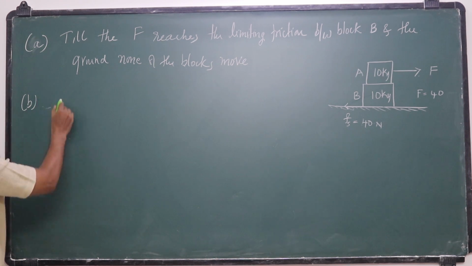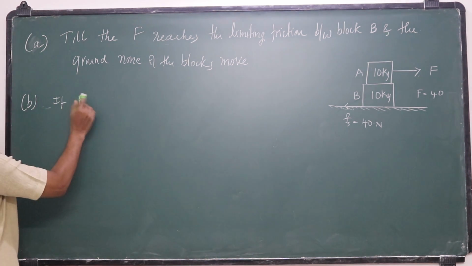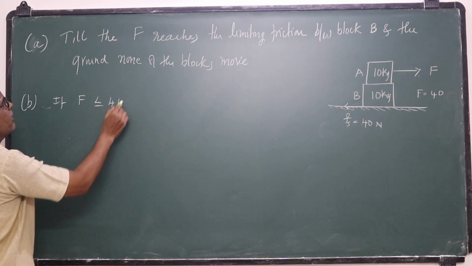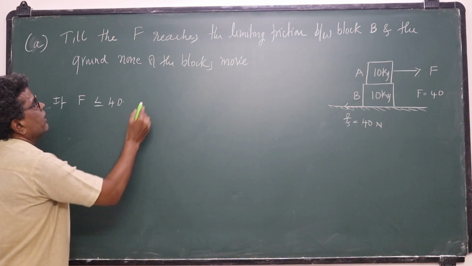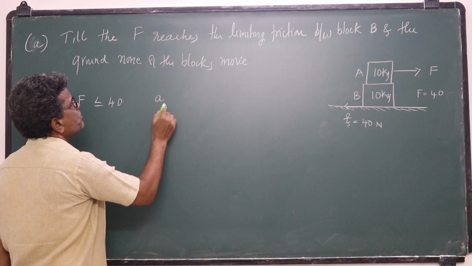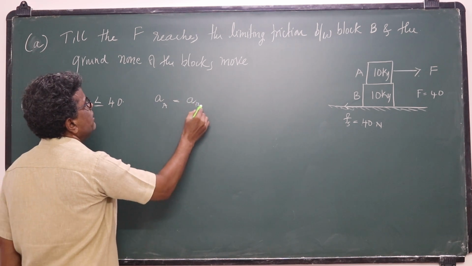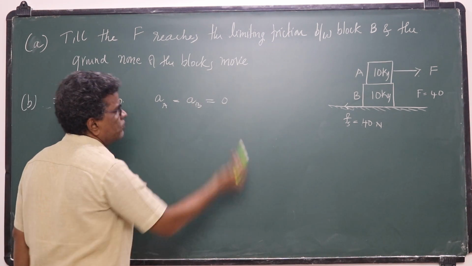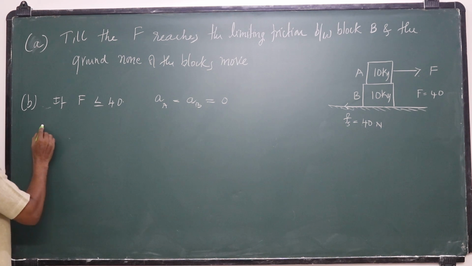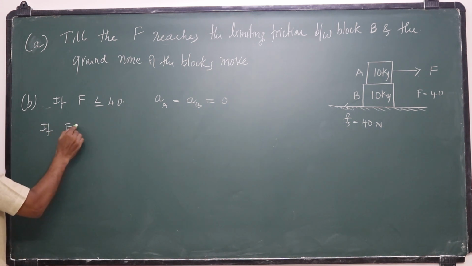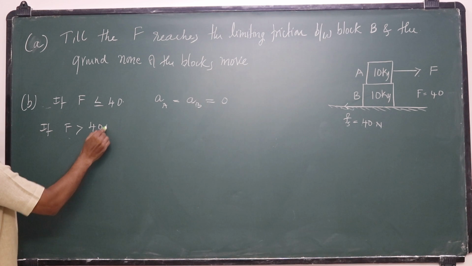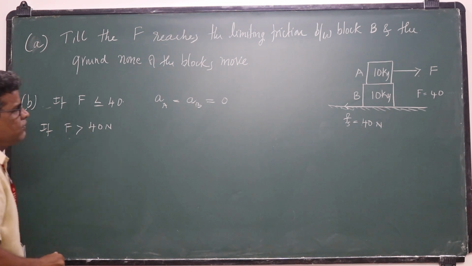Okay. The second case, if F is less than or equal to 40, none of the blocks moves, meaning acceleration of A and acceleration of B become 0. If F is greater than or equal to 40 newtons, what happens?